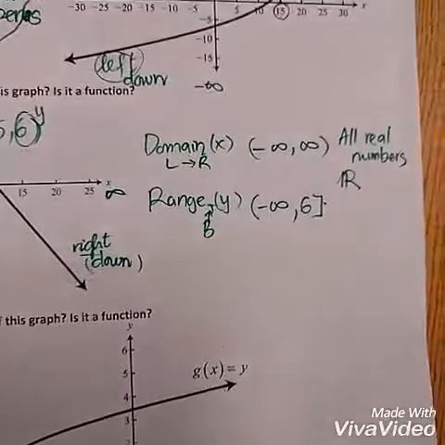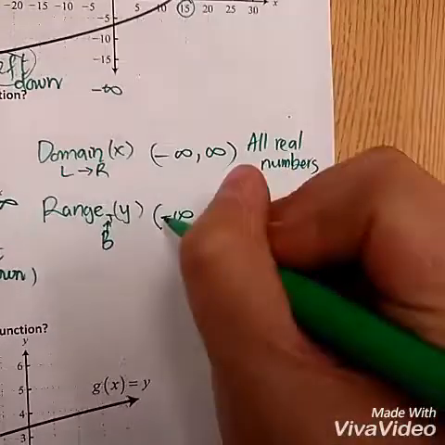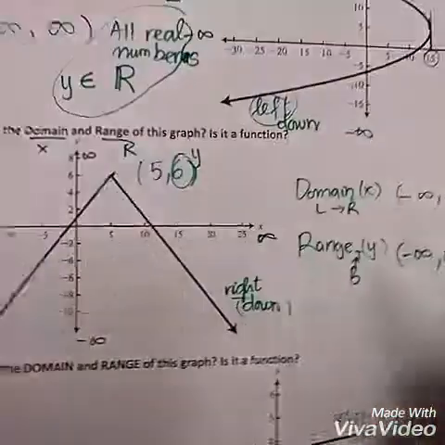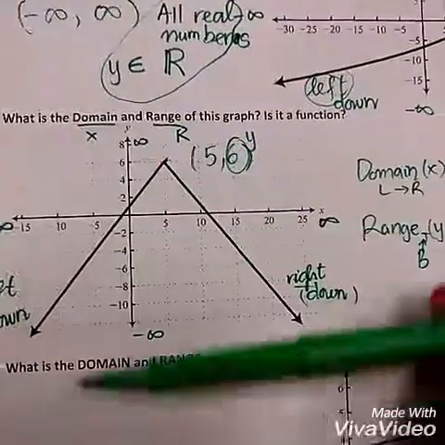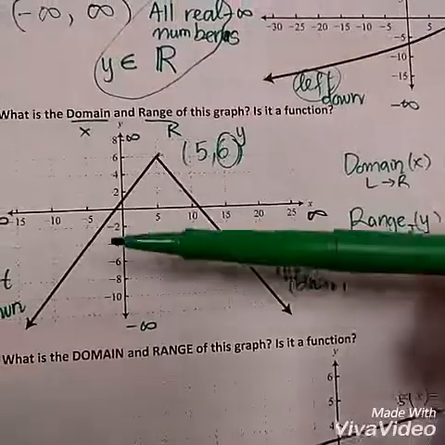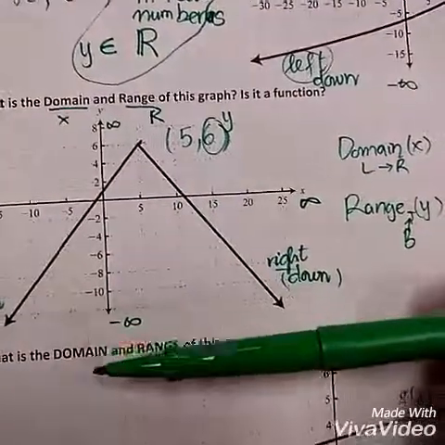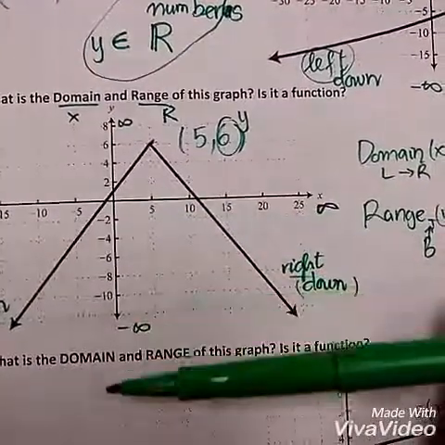Let's write this as an inequality, less than or greater than. Since your graph is pointing down, your range is going to be getting smaller because all the y values are getting smaller, right?